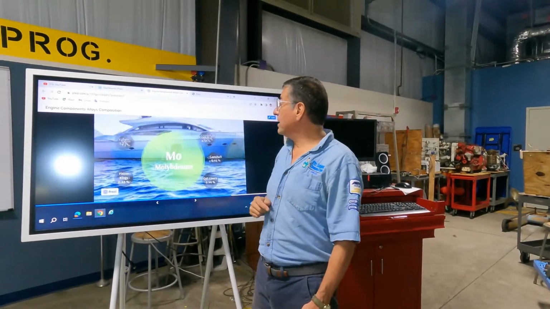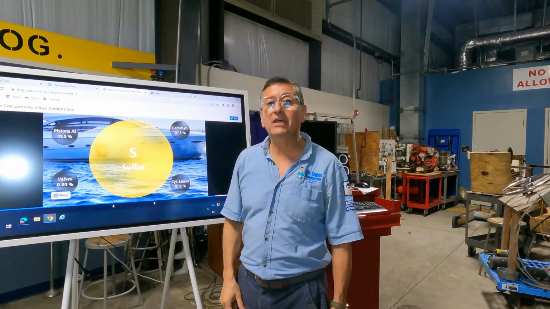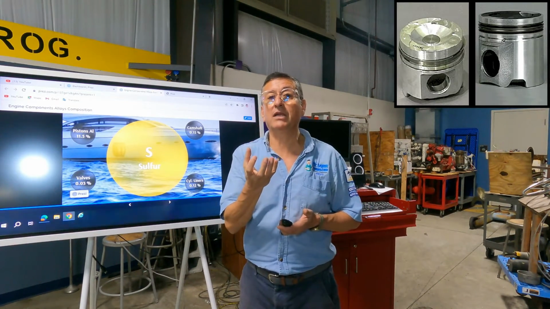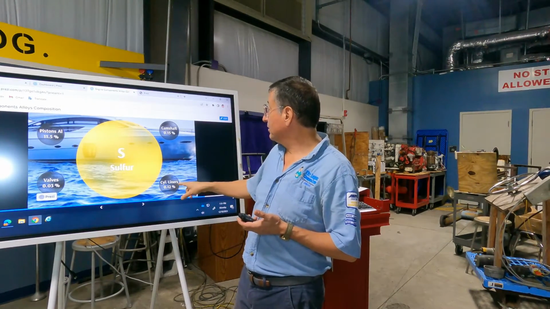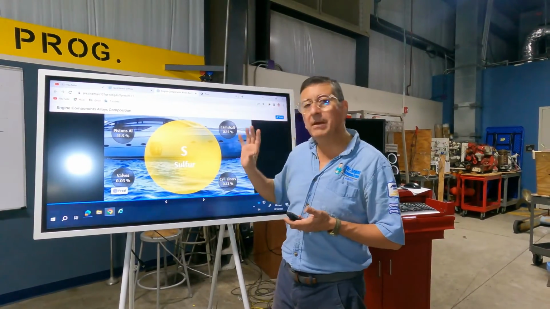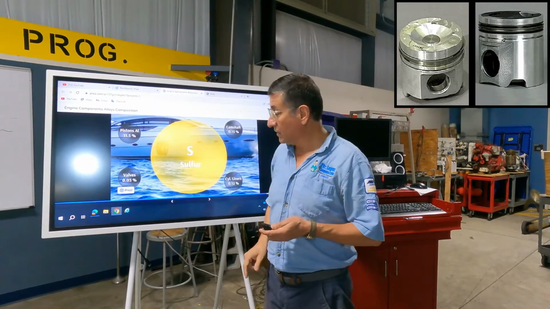Great. Another element is sulfur. Where did we find sulfur? On the pistons, if the pistons are in aluminum alloys. The camshaft, the cylinder liner, 0.12%, on the valve, 0.03%. Basically, high content of sulfur on the aluminum pistons.